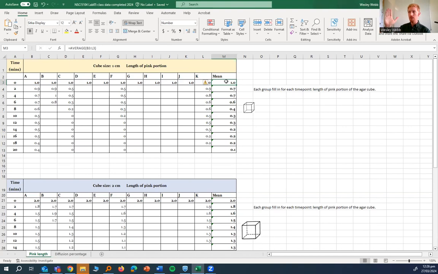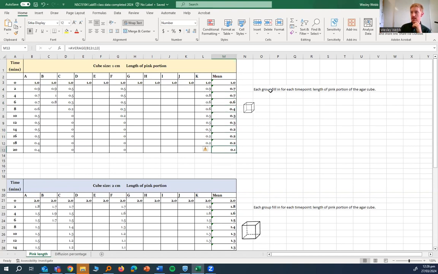The mean or the average is 1. Remember, this is the length of pink. So we had a length of 1 at the starting point because the whole block of 1 centimeter was pink. But then as time goes on, it drops because the outside is getting clearer, it's dissolving in the vinegar.